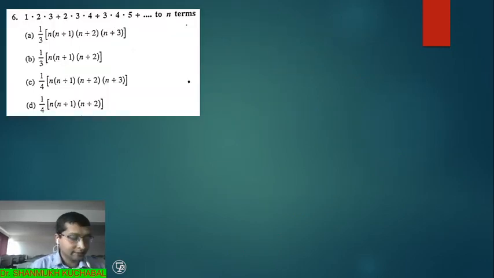Example number 6, it is 1 into 2 into 3, 2 into 3 into 4. So we use the same trick here. We write the nth term, this is equal to 1 into 2, 1 2 3 like this, we can take n. Next 2 will become 3, 3 to 4, so we write n plus 1. One more we will write n plus 2.